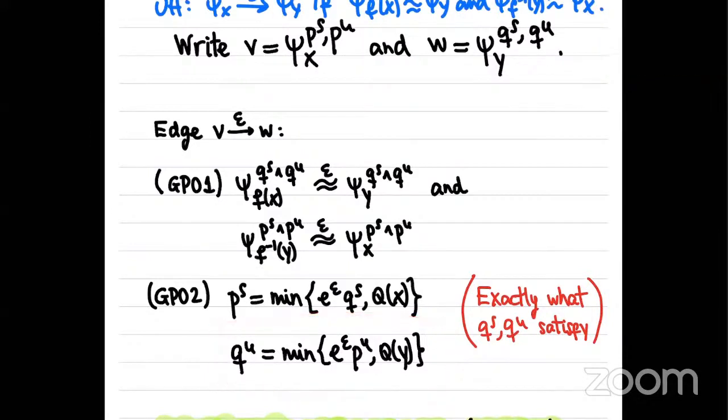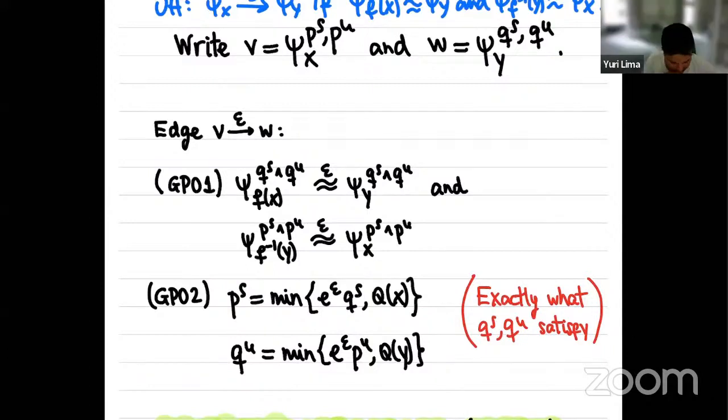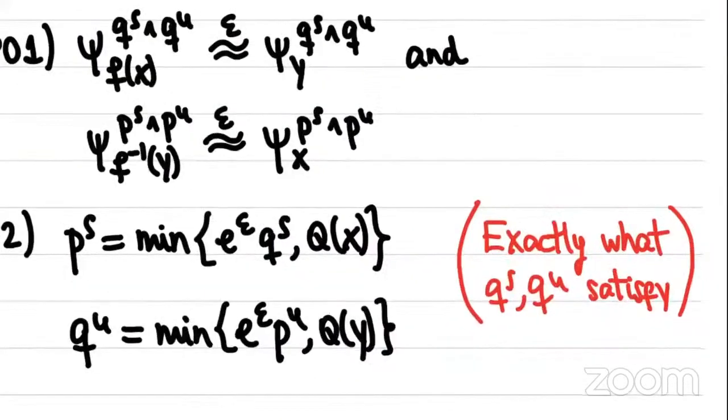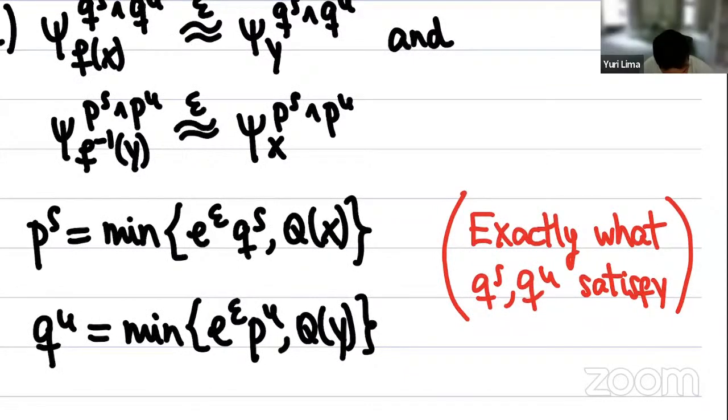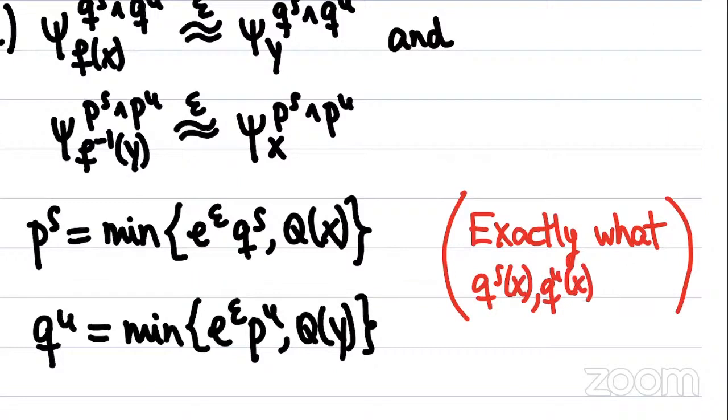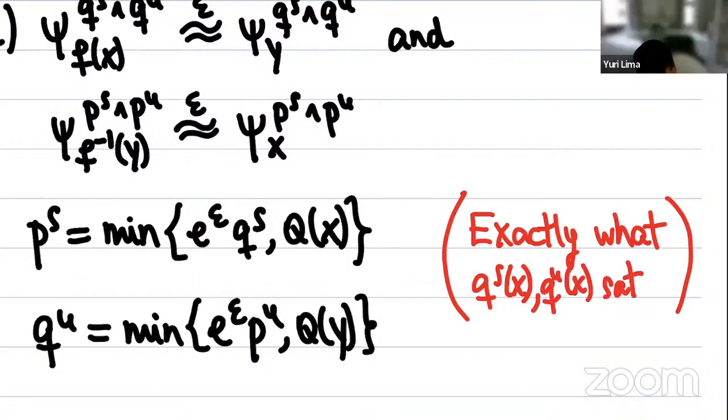Sorry, maybe you chose QS and QU. Is it a good notation here? I'm a bit confused. Yes, it's a bad notation. I don't know what would be the substitute. Maybe prime or something else. Okay. Here I should put QS of x and QU of x, since they are of a point.